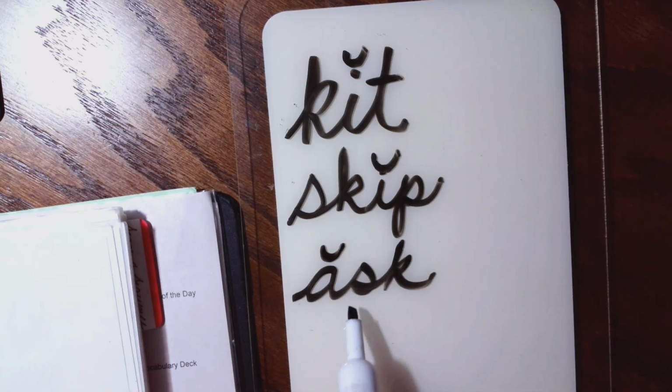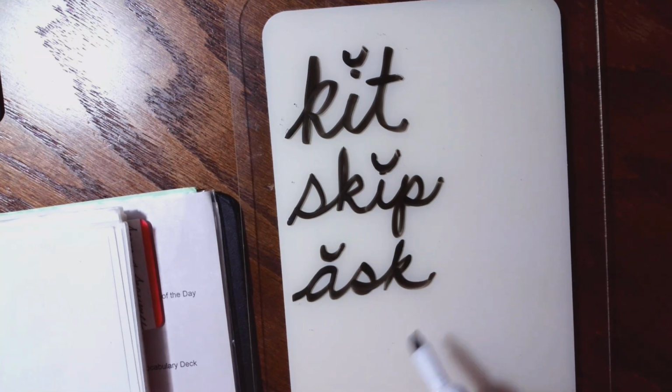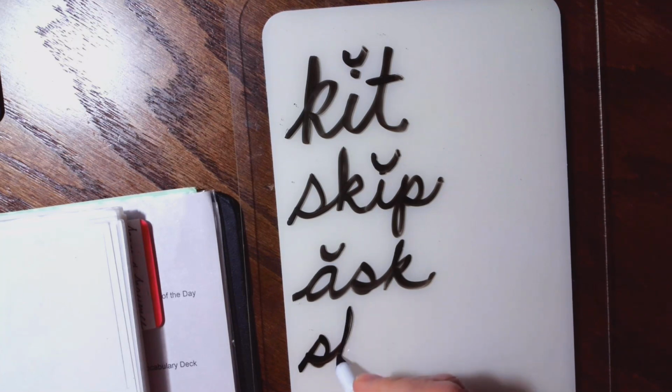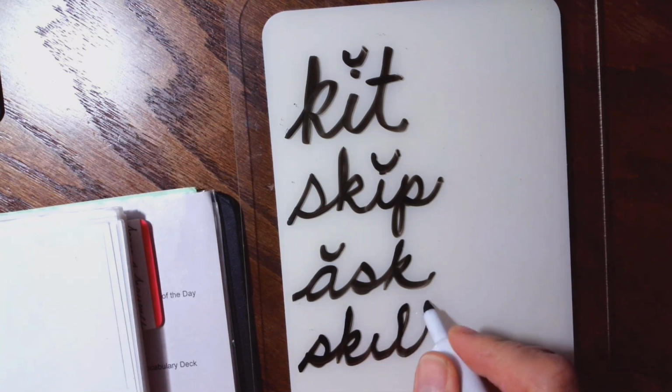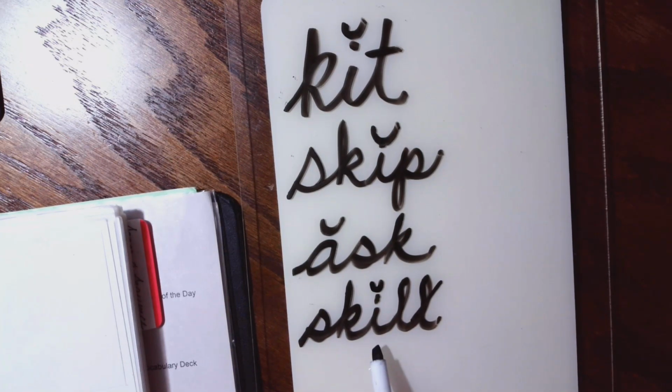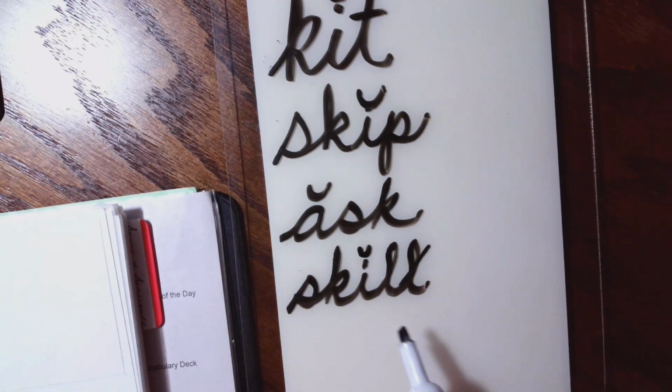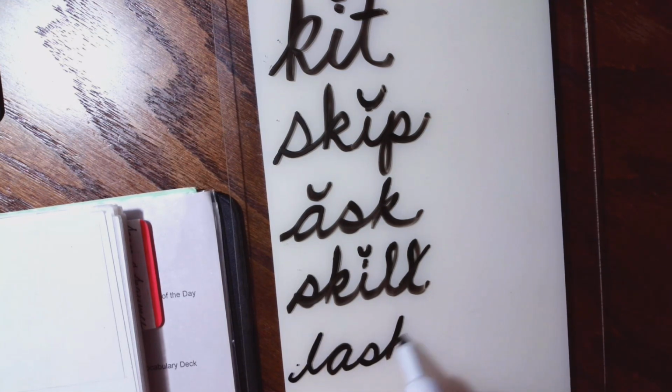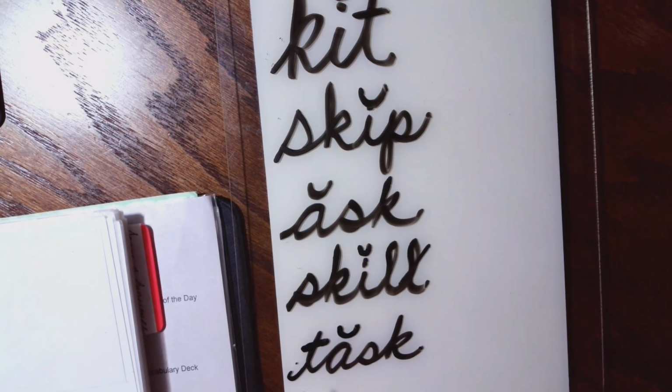Now read it. Ask. S-K-I-L-L. The L's are closing the door on that I, so we're going to cross one of the L's out. Breve. Now read that. Skill. T-A-S-K. The S and the K are closing the door on the A, so it's a closed syllable. Read. Task.